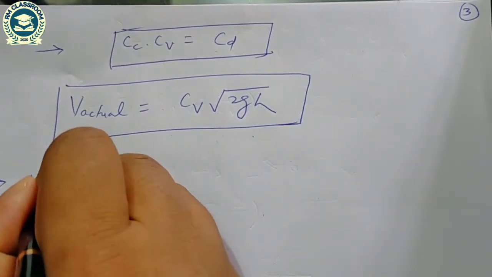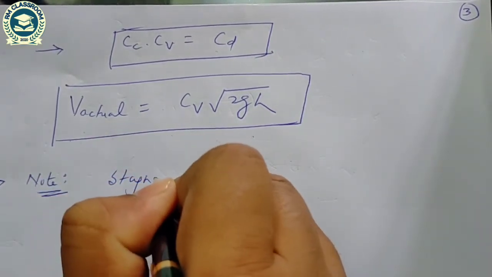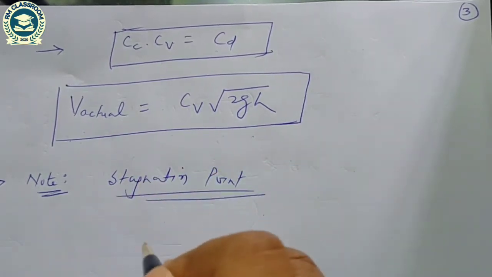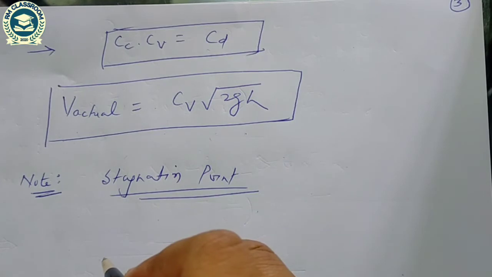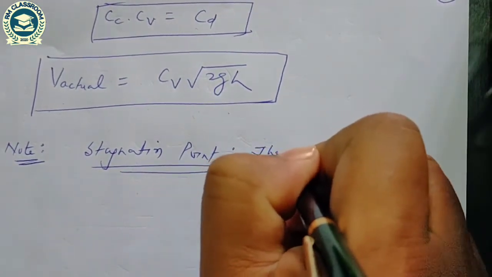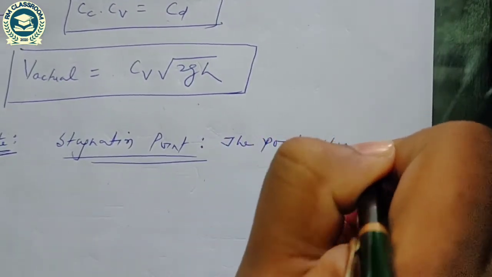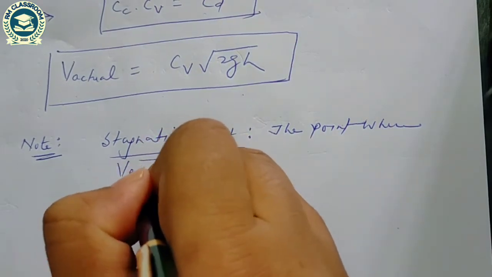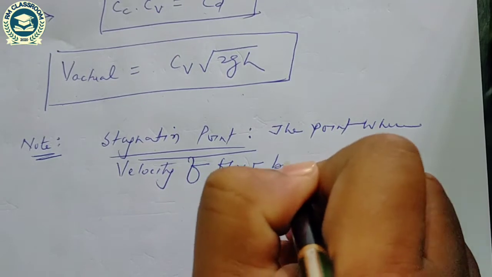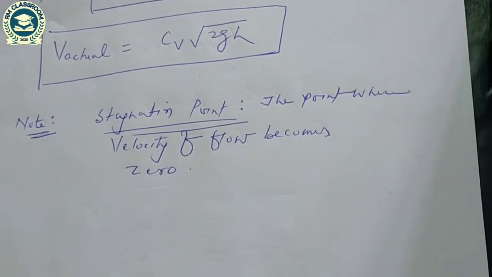Note, here I am going to discuss what a stagnation point is. The stagnation point is the point where the velocity of flow becomes zero.